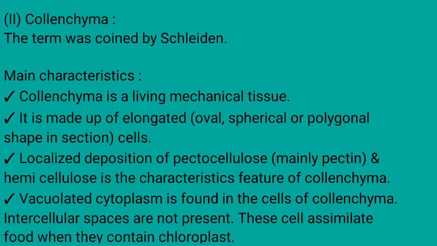Vacuolated cytoplasm is found in the cells of collenchyma, which means a vacuole is present in the cytoplasm. Intercellular spaces are not present, which means intercellular spaces are absent. The cells assimilate food when they contain chloroplast. The collenchymatous cells which contain chloroplast perform photosynthesis and prepare food material by themselves.